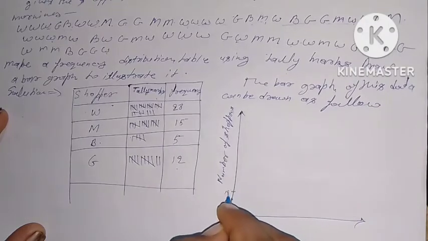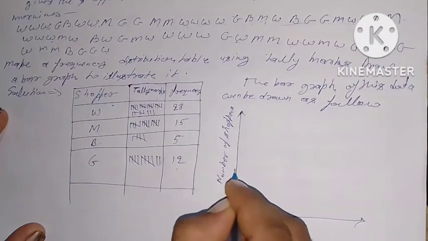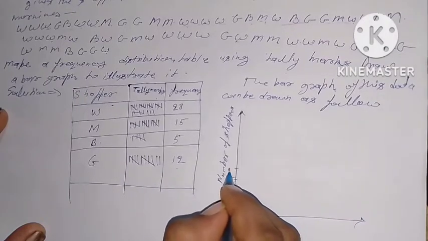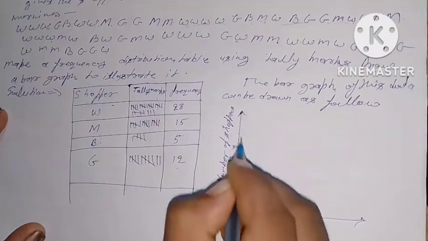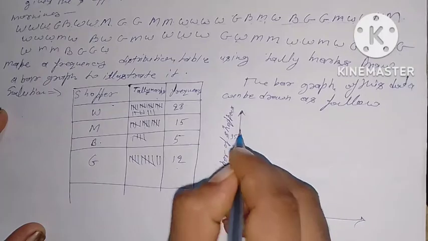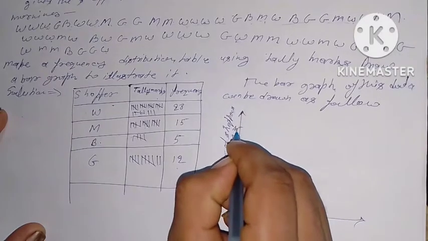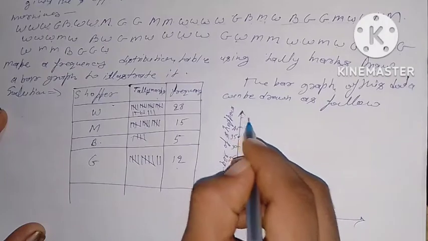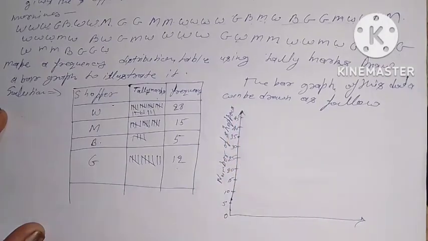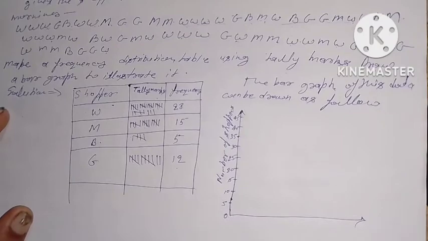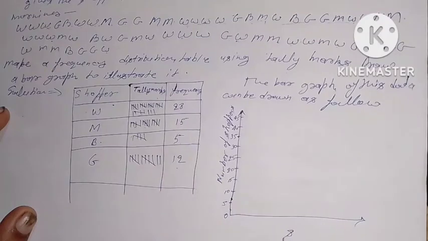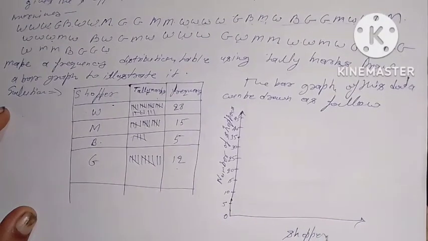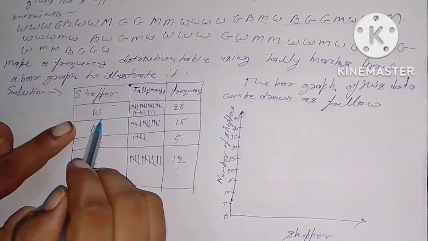The scale is 0, 5, 10, 15, 20, 25, 30, 35, 40, 45, and so on. The first shoppers are women.